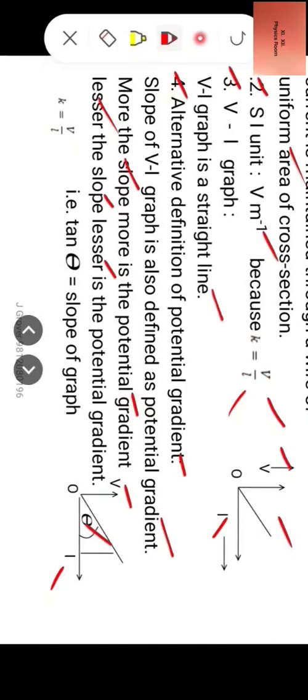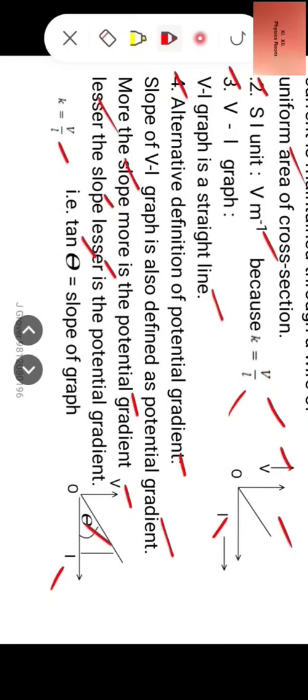So how do we write potential gradient? Potential gradient, that is tan theta, which is equal to the slope of the graph, and is equal to K, which is equal to V by L. Mathematically we write tan theta, which is perpendicular over base.